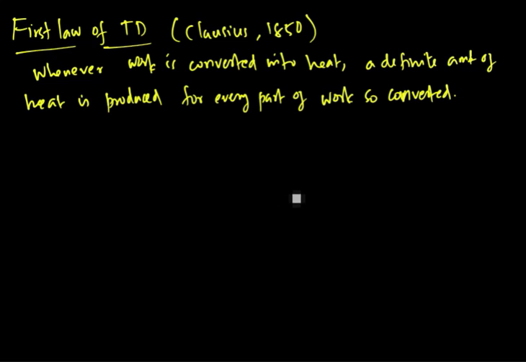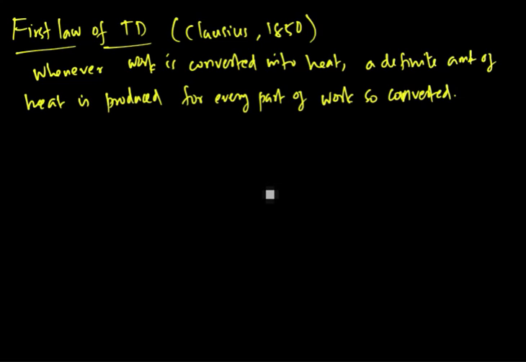Similarly, this statement can also be stated like this: when heat is expended to produce work, some amount of heat is used up for every unit of work so produced. So this is the first law of thermodynamics, in a particular specific form.